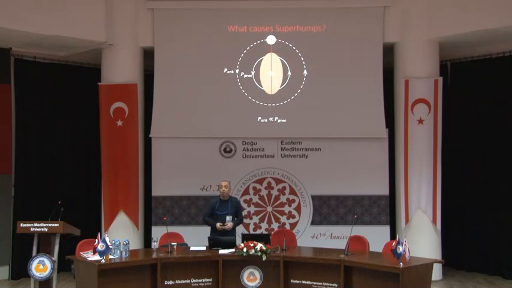After they are lined up like this, the secondary star needs to move slightly further along its orbit to align like this again. Why? Because the elliptical disk is also rotating. For this reason, the superhump period is a few percent longer than the orbital period.